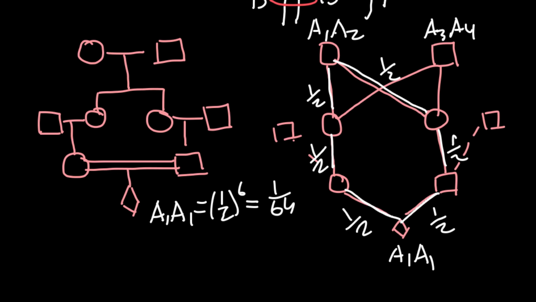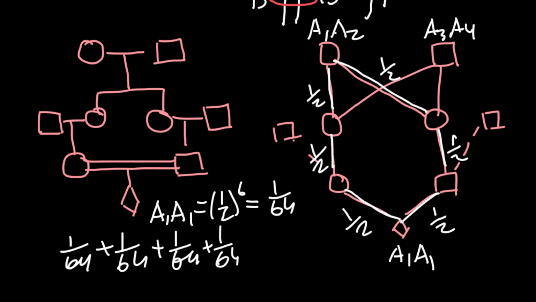And we can do the same calculations for each allele. So at the end we are going to get 1/64 plus 1/64 plus 1/64 plus 1/64, and we are going to get 4/64, which equals 1/16.